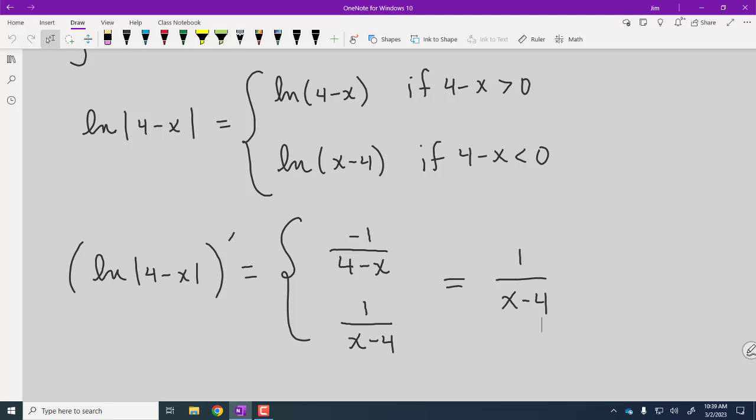The way I wrestle my joints is I always do the upper ones. It's like the absolute value, multiplying by the linear, and that's the same thing as x minus, or sorry, 4 minus x.